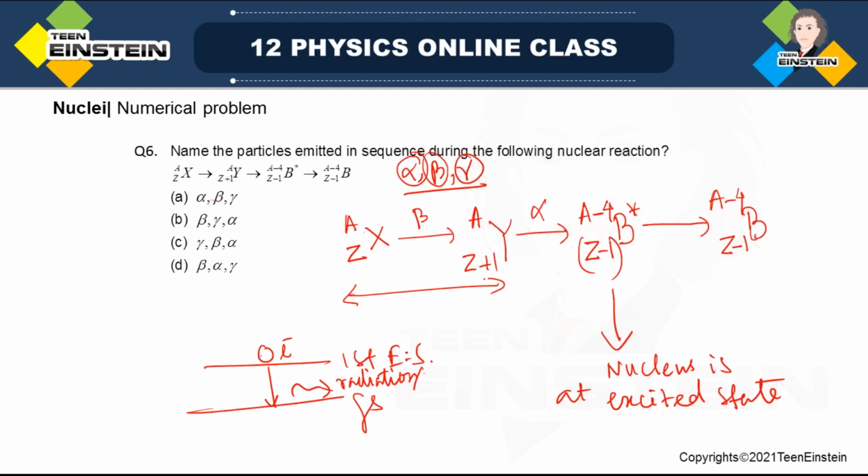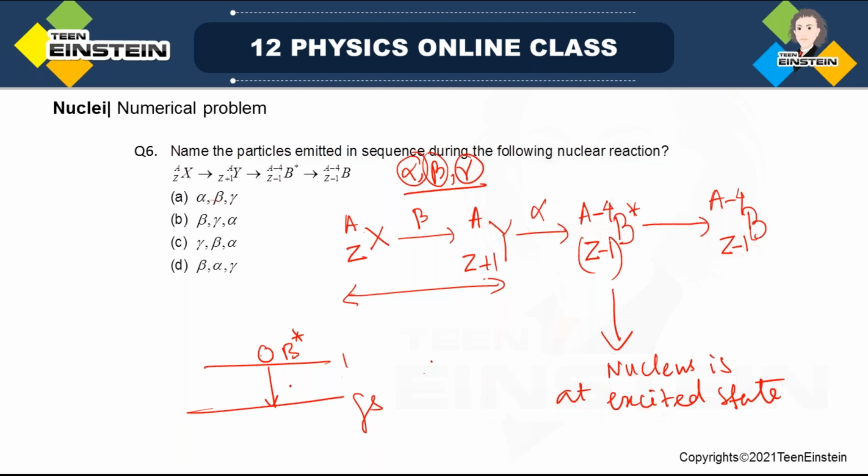But in case of nuclear energy levels, the difference in the energy levels is mega electron volt. When there is a nucleus B in the excited state, it has certain extra energy from its ground level. But the nucleus always tries to come to the minimum energy level where it can be a stable nucleus.